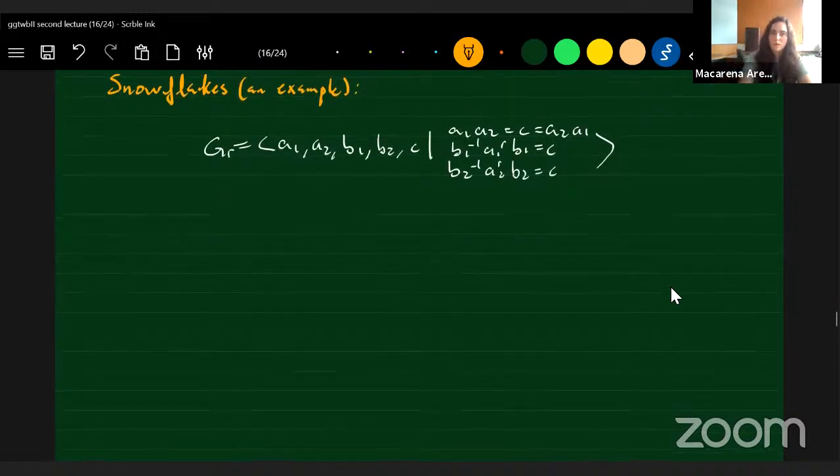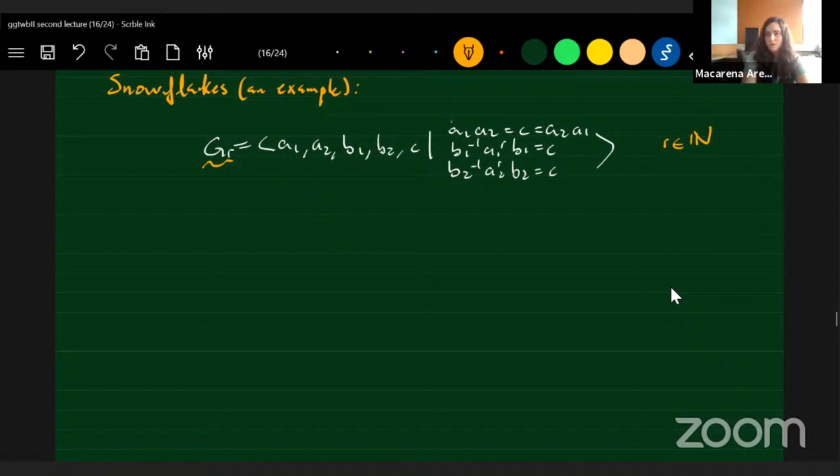Okay, so let's discuss a specific example of a snowflake group, or really rather a family, one for each R, where R is a natural number. So the groups we're going to be looking at are defined by this presentation. Let's try to figure out what this presentation is describing.